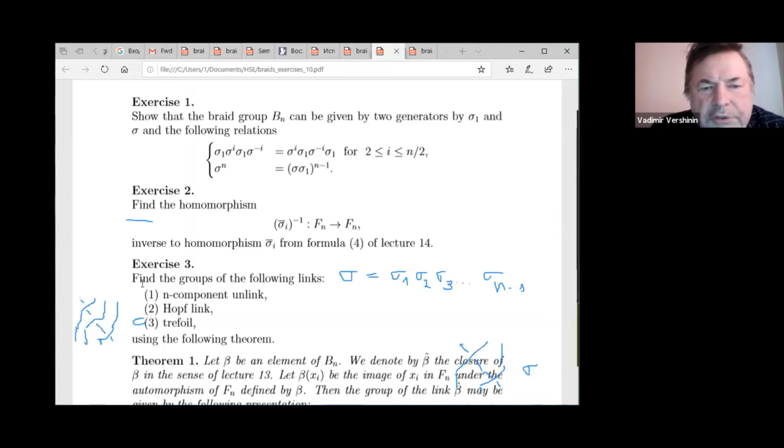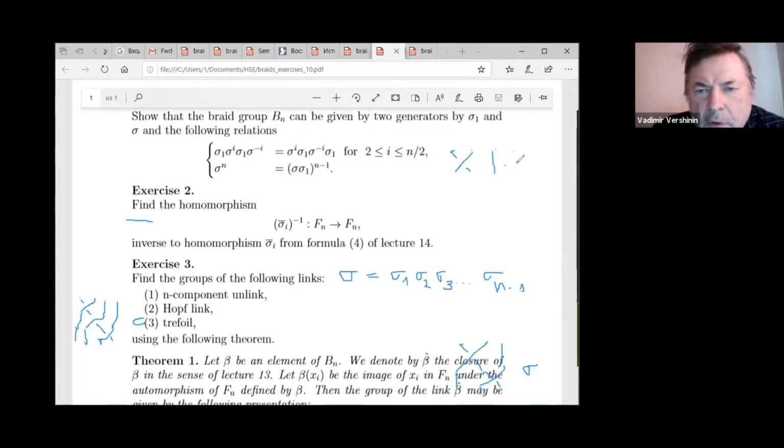The question was how to depict sigma. Sigma 1 is just the same usual sigma 1, so I even keep the same notation. If you have here your standard braid group, you have sigma 1 and you have parallel strands. So this is sigma 1.